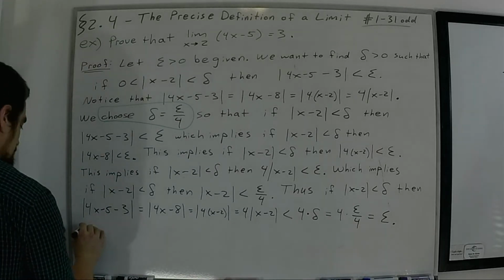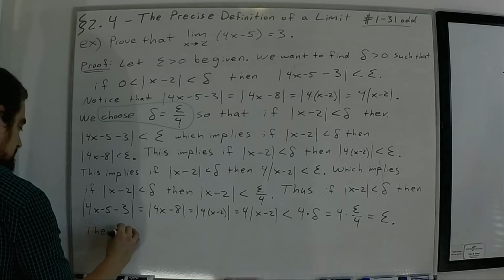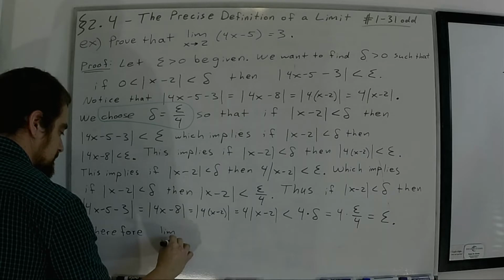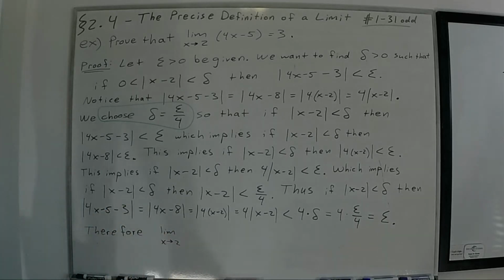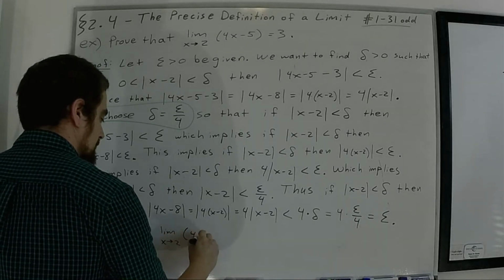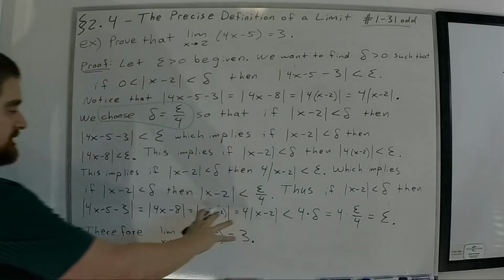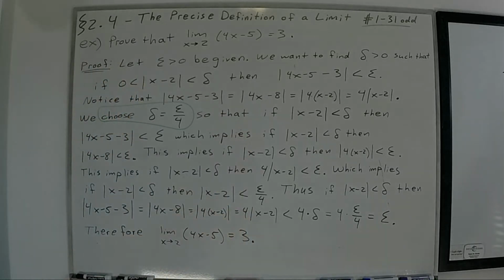And now we're done. And we can do one last little summary if we want. We can say, therefore, the limit as x goes to 2 of this function 4x minus 5 must equal 3. Because we've satisfied the definition, so that has to work.